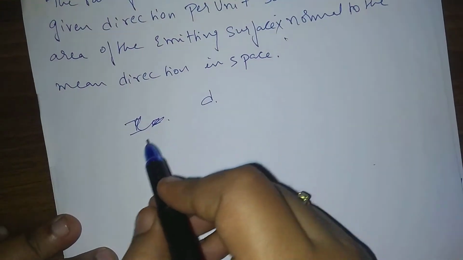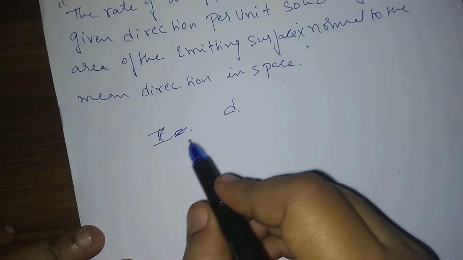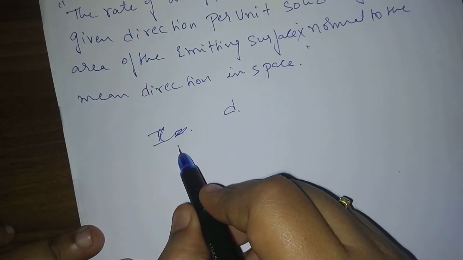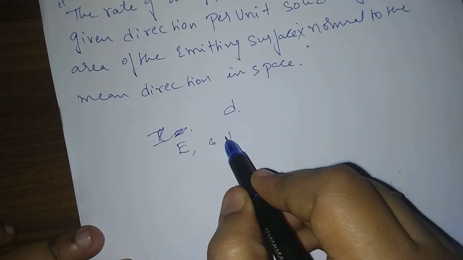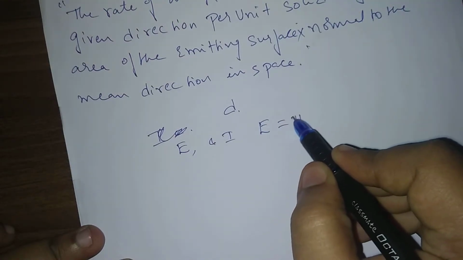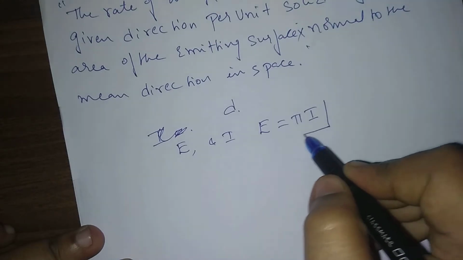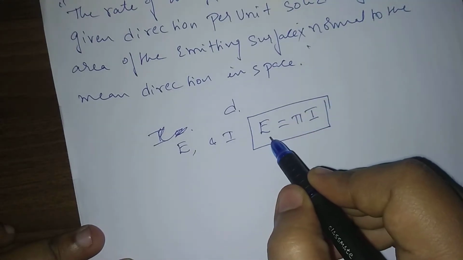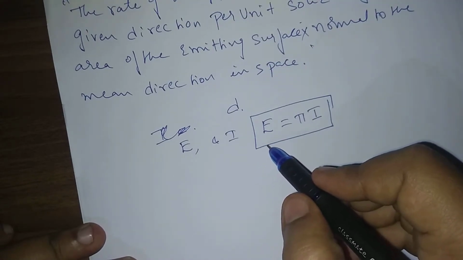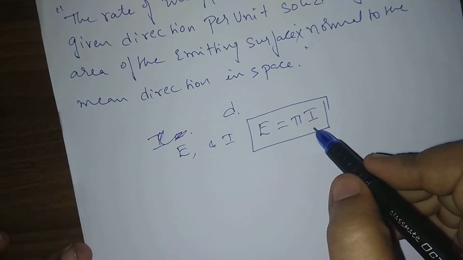I will give the relationship between emissive power and intensity. It is related as E is equal to pi times I. That means the total emissive power of a diffusive surface is equal to pi times the intensity of the radiation.